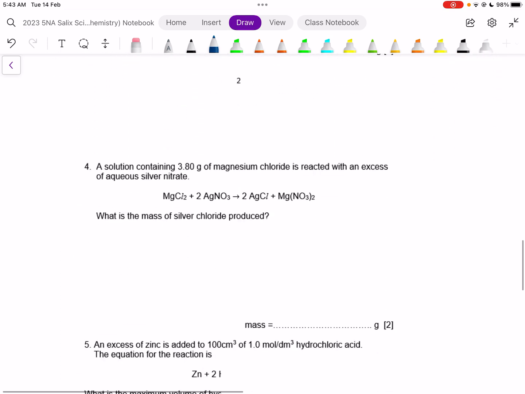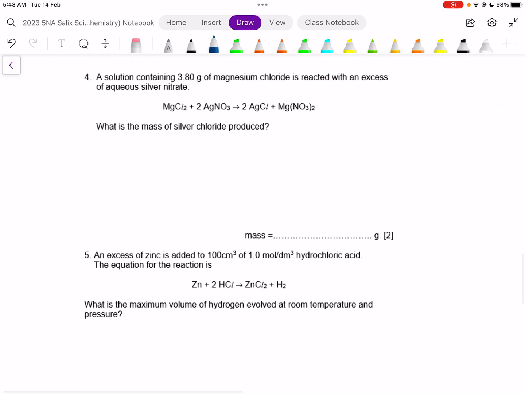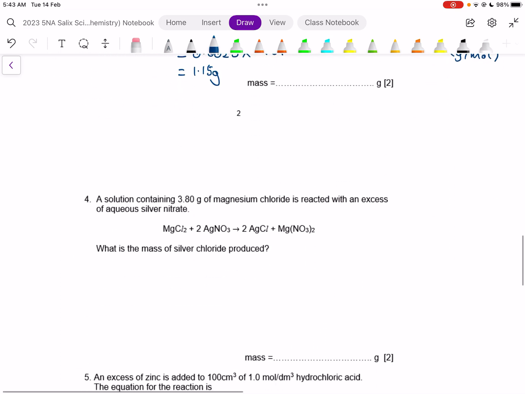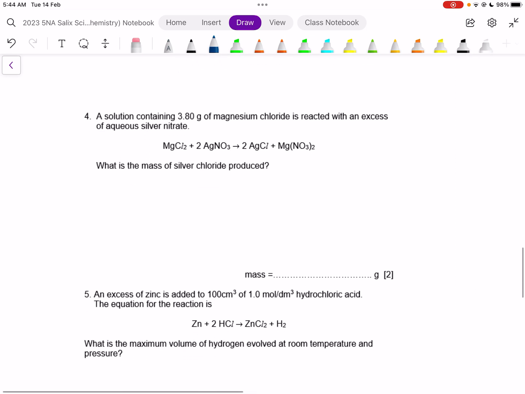Okay, then let's move on to question number 4. A solution containing 3.8 grams of magnesium chloride is reacted with an excess of aqueous silver nitrate. Very kindly, they told us who is the excess.